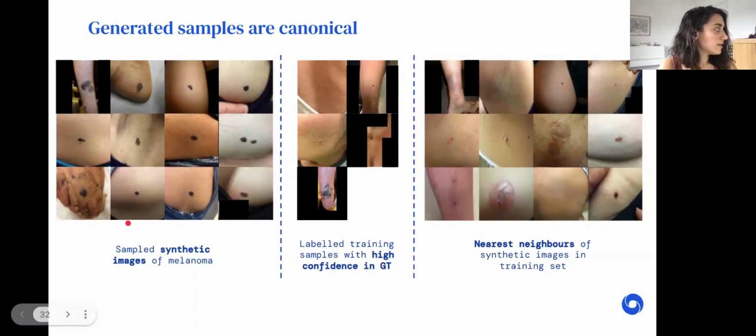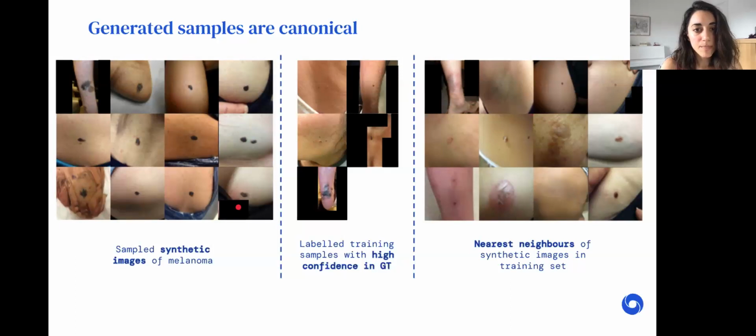It's worth noting that the anatomies are not always very realistic, like in this example, but in most of the cases they are realistic. And here we had to black out some parts just to avoid disclosing any potentially identifiable information that existed in the training set.